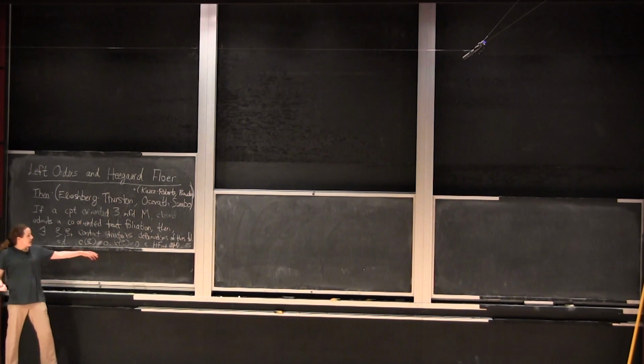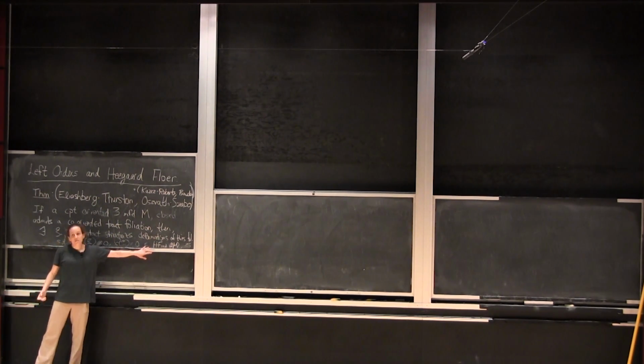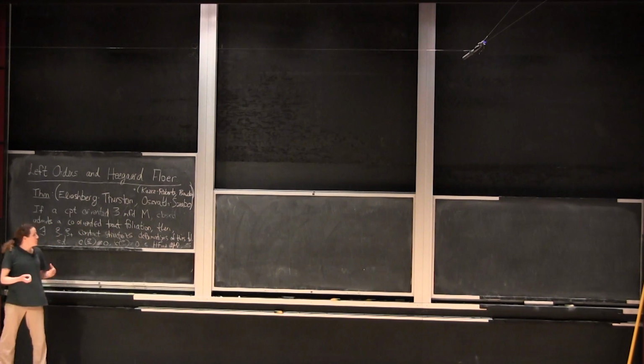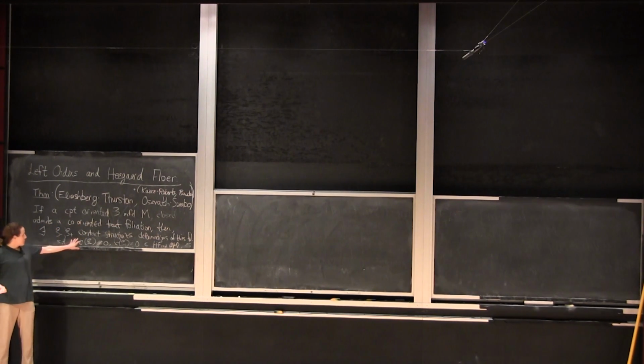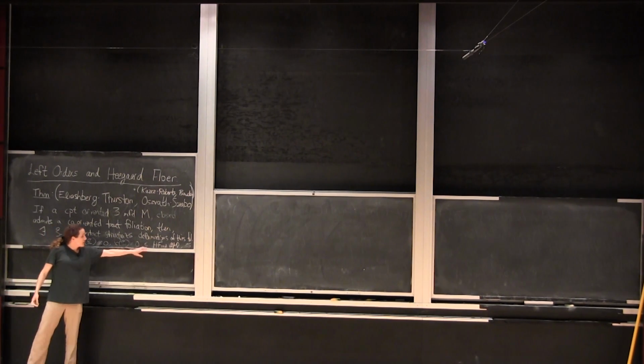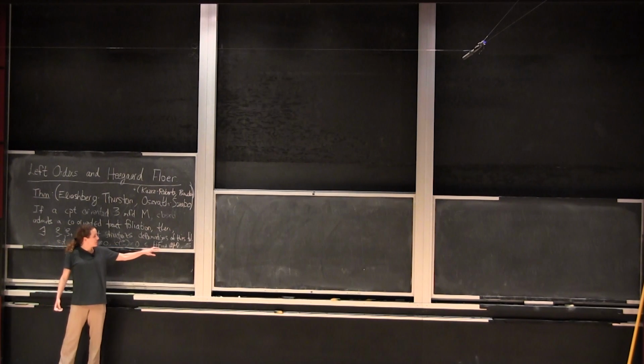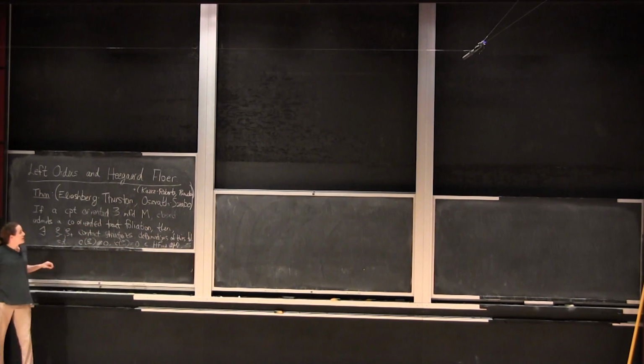So having HF-red be non-zero is an obstruction to being an L-space. And if you have some contact structure with filling with positive b2 plus, then you know that its contact invariant in Heegaard Floer lands in this reduced class, and so obstructs being an L-space.